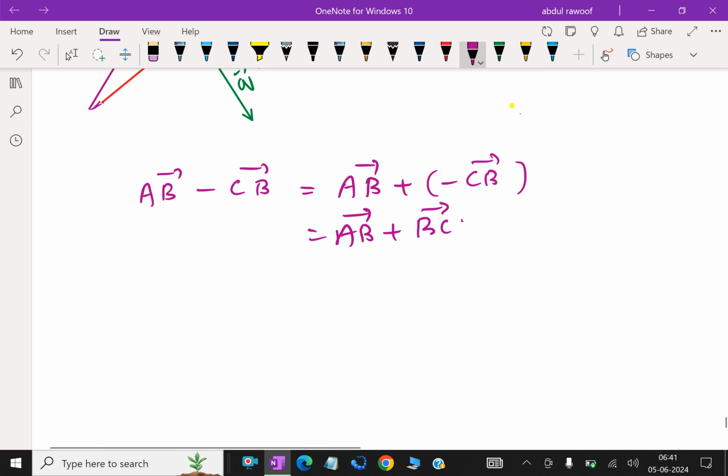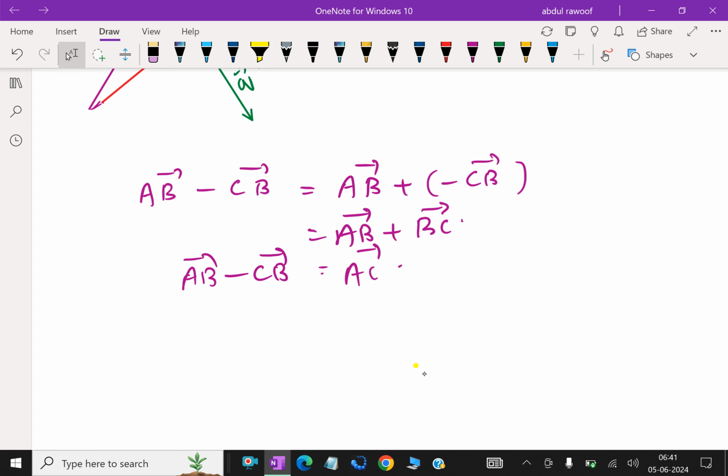Change the position of letters. Here CB, we have to write BC. Then look at here, this is normal addition. We know AB plus BC is vector AC. Therefore, we can say vector AB minus vector CB is equal to vector AC.